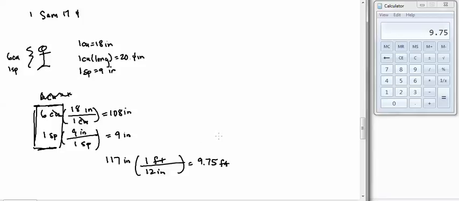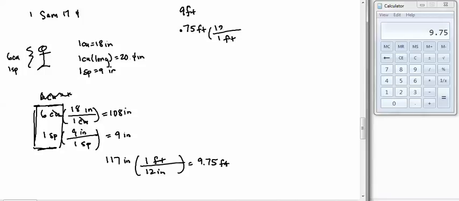Now, I know that there's a very easy way to do this, but I'm going to convert 0.75 feet back into inches, because I know that he's a solid 9 feet, plus an additional so many inches. He's an additional 0.75 feet, and what is that in inches? Well, there's 12 inches in 1 foot.